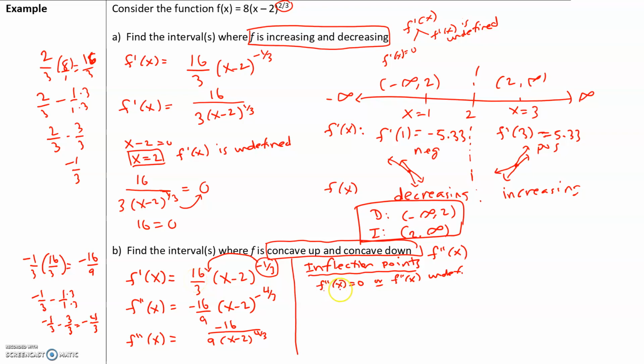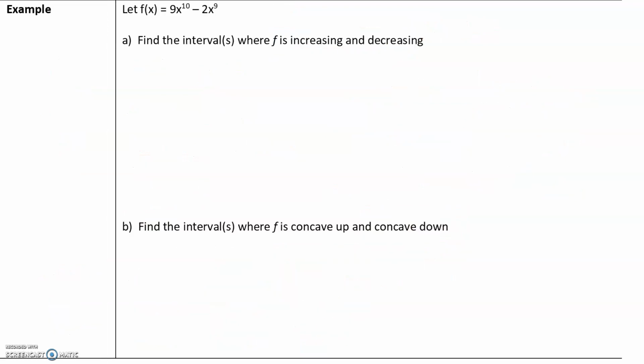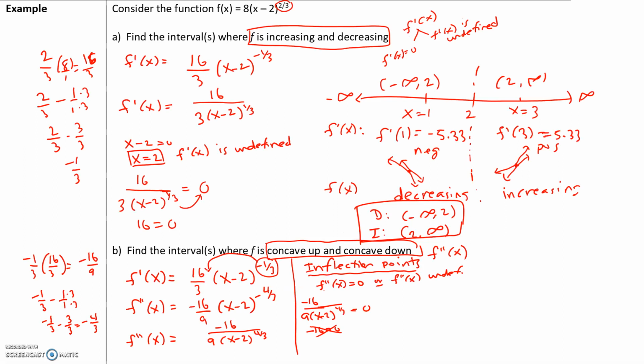So let's first look at this case, f double prime of x equal to 0. If we set the second derivative, negative 16 over 9 times x minus 2 to the 4/3, equal to 0, the denominator has to multiply to the right. We get negative 16 equals 0, which can't happen, so there's no inflection point there.